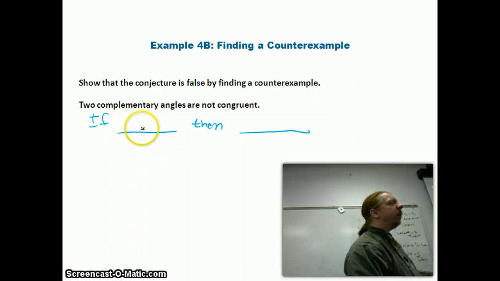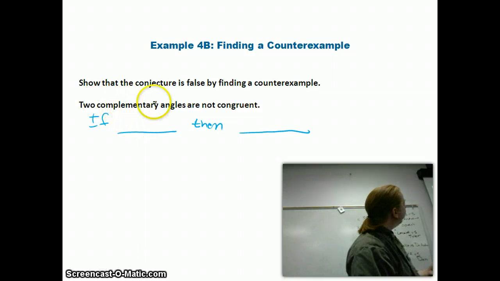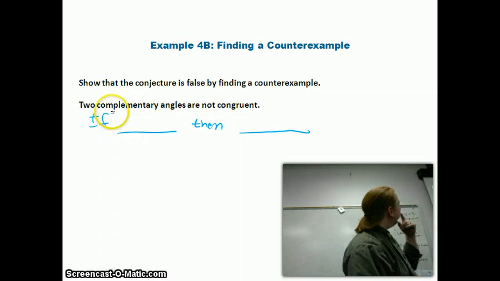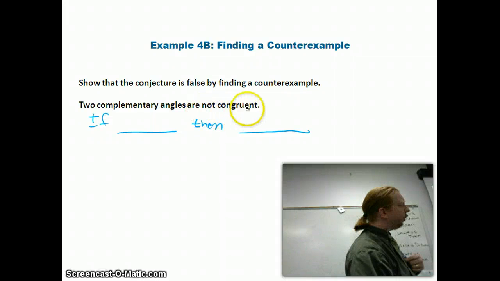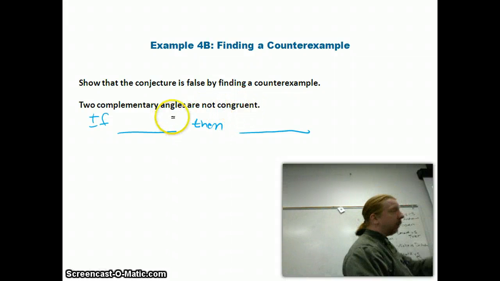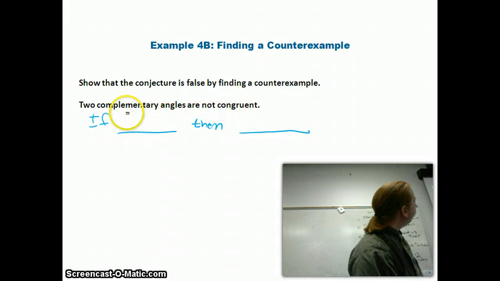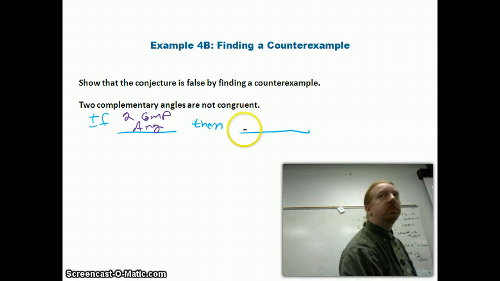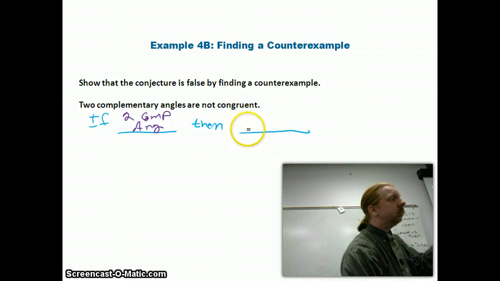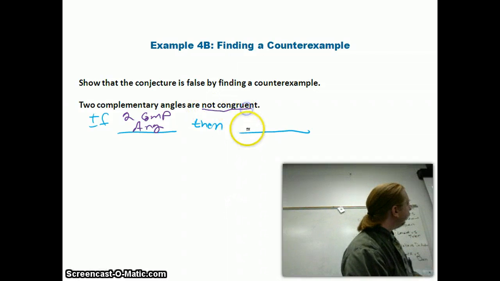What do I have to have? What am I thinking about? It says two complementary angles are not congruent. So if what? Okay, if I have two complementary angles, then what's true? Then not congruent.